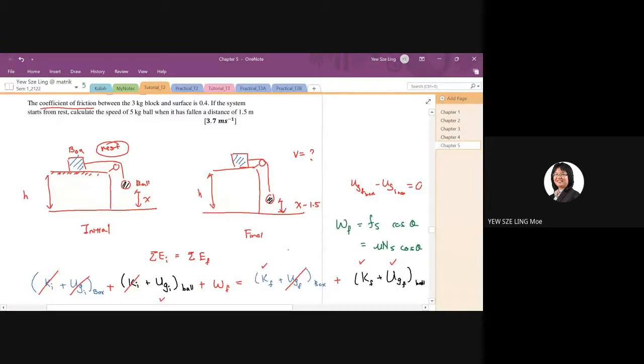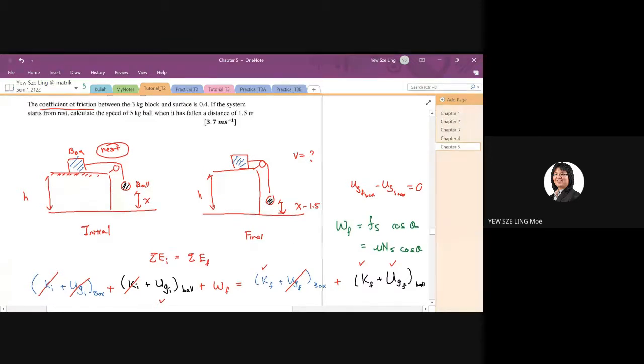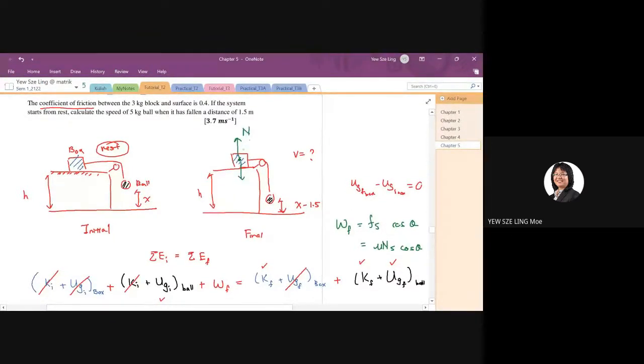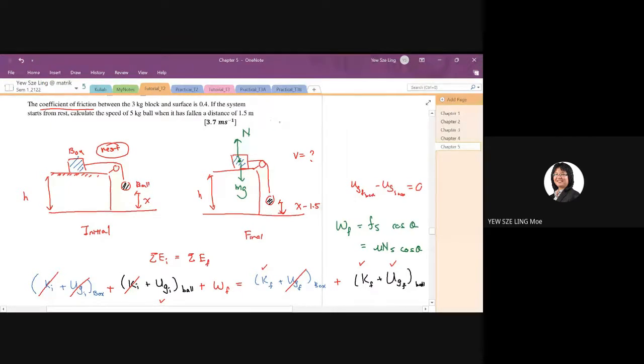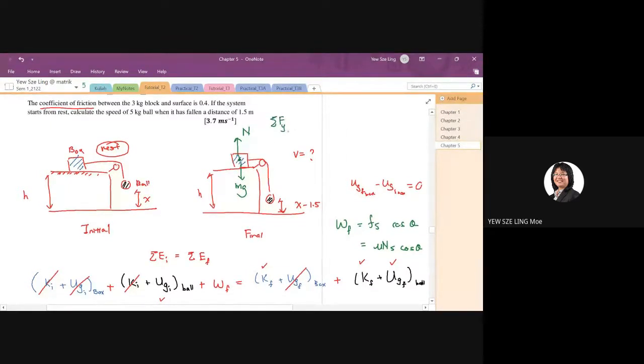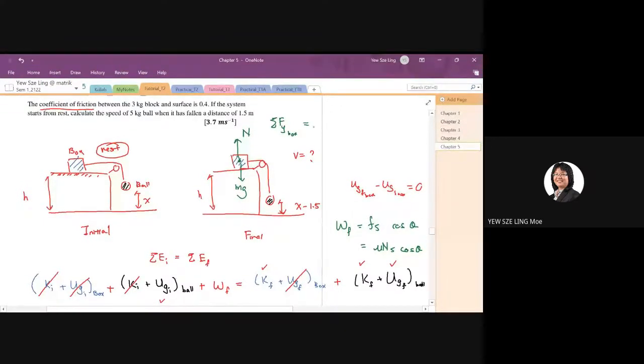But then I have one more question. Do I have the normal force? Well, I don't have the normal force, but I can calculate it. Based on the diagram, for this box, the vertical component, the y component, has only n and mg. There's no other forces acting along the y component, and my object doesn't move along the vertical component. Therefore, what can I say? The summation of Fy for the box is equal to 0.